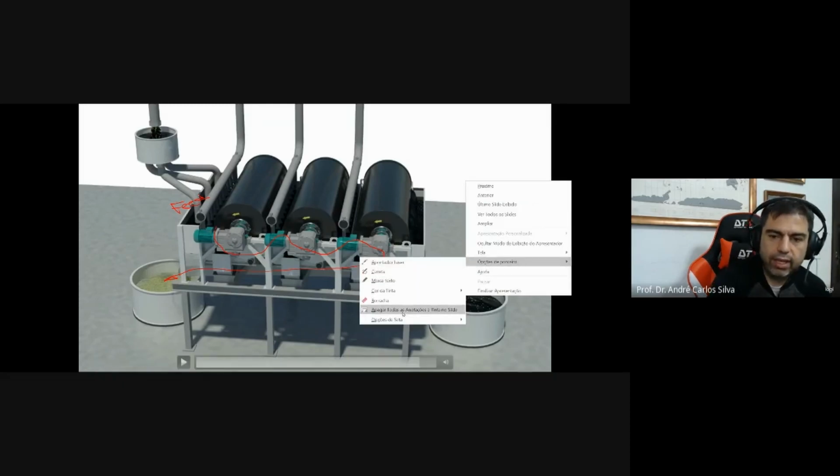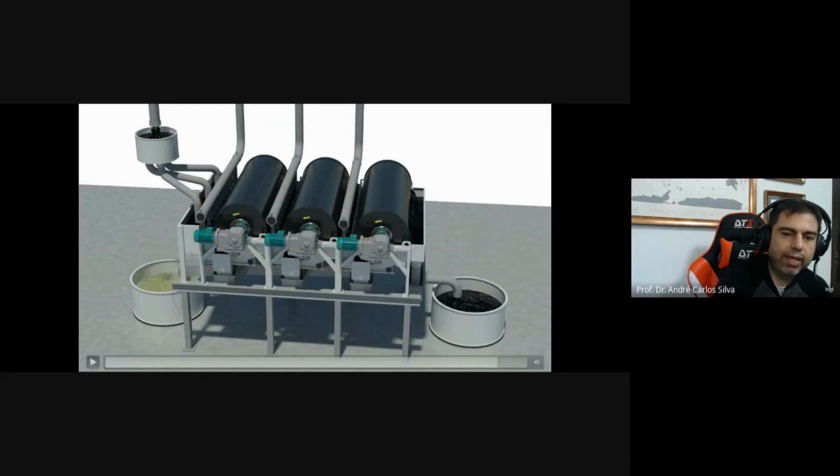I can have our magnetic concentrate coming from this machine to this one. So now we're talking about magnetic particles, and again from this machine to this one, and from this machine up to this. The idea here is to have a rougher separation over here.